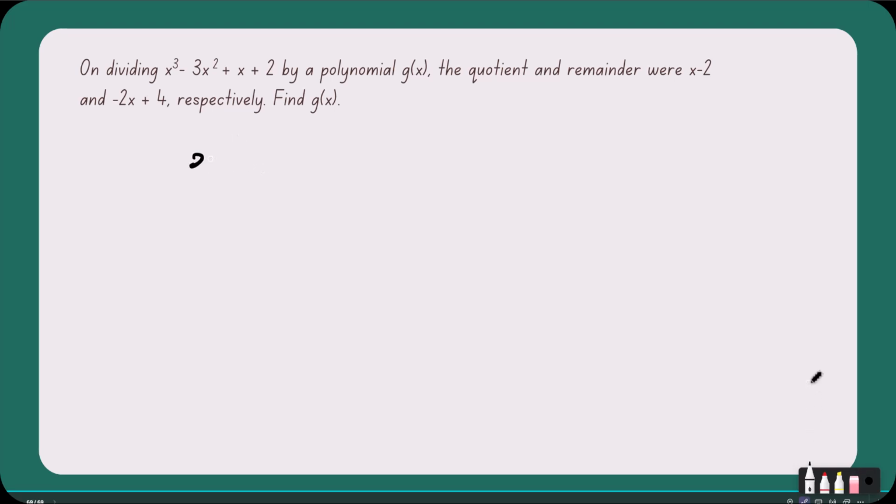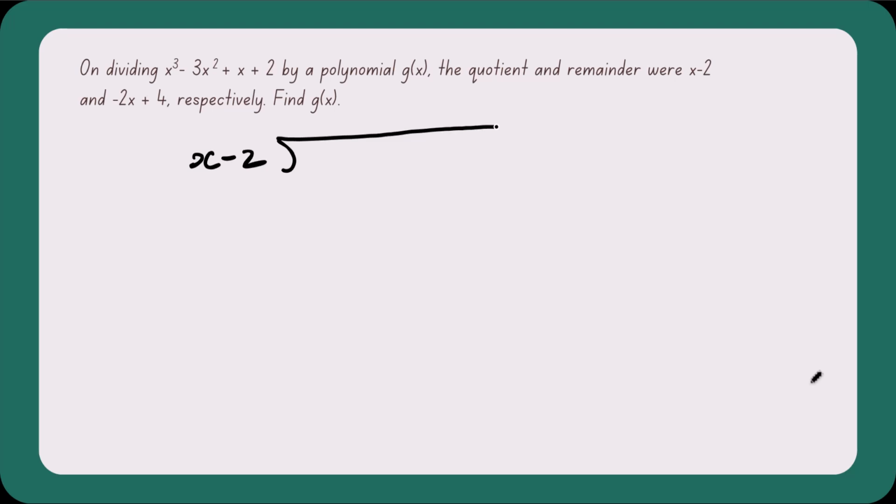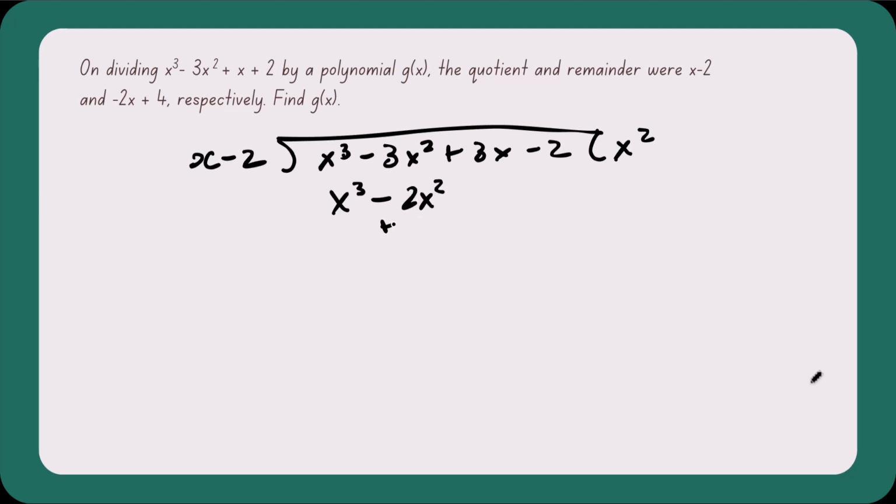So we have x minus 2 and we have the numbers, that is x cube minus 3x square plus 3x minus 2, okay? What is the first number that we'll take? We'll take x square, right? So x square will become x cube minus 2x square. Subtract, so this will become minus 3 plus 2. How much is that? Minus x square. So minus x square plus 3x minus 2 we have.